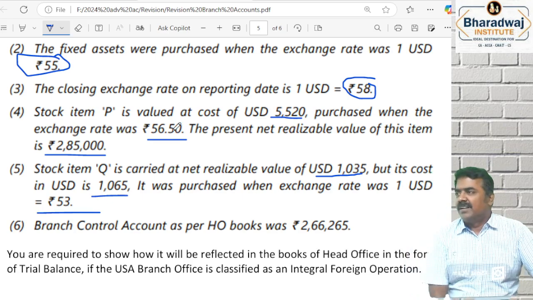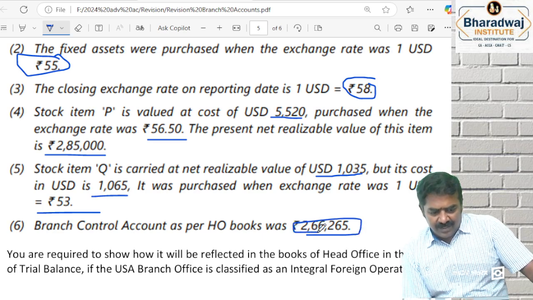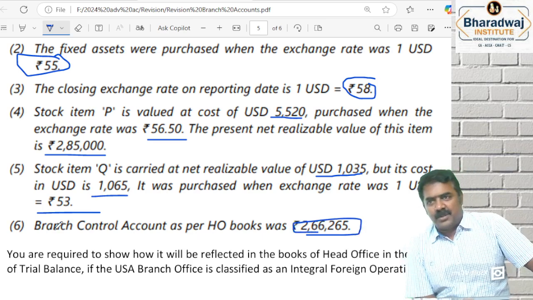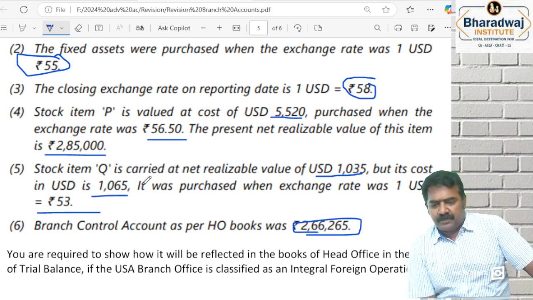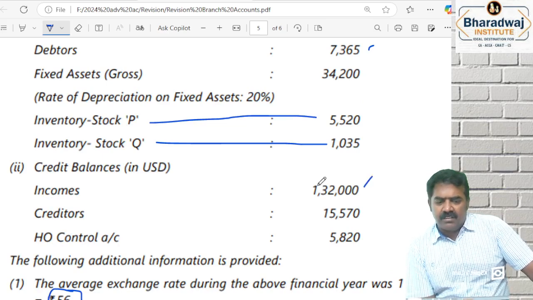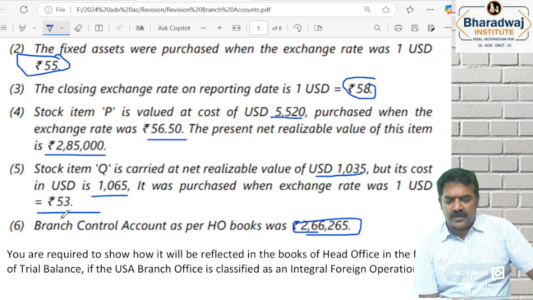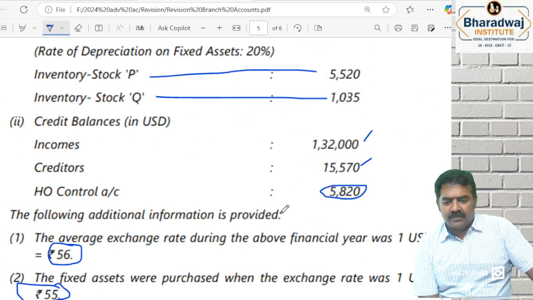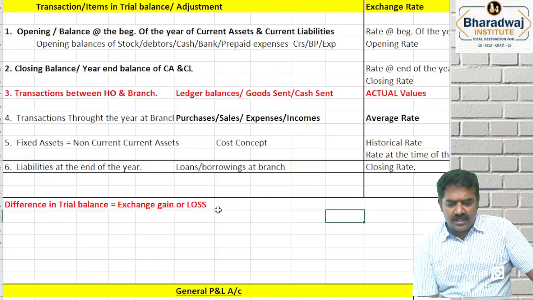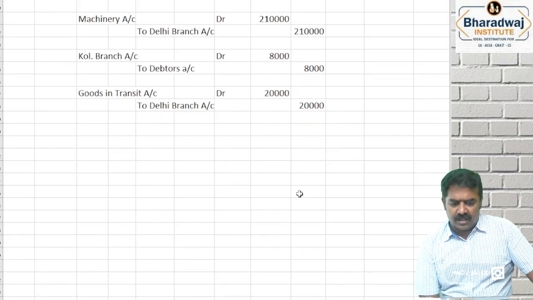Then branch control account as per books is nothing but the ledger balance. Incomes will be converted using the average rate. Creditors at the closing rate. The head office account is nothing but 266265. So before we start with the trial balance, the first issue is inventory.